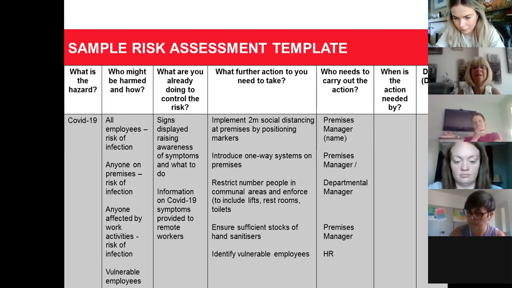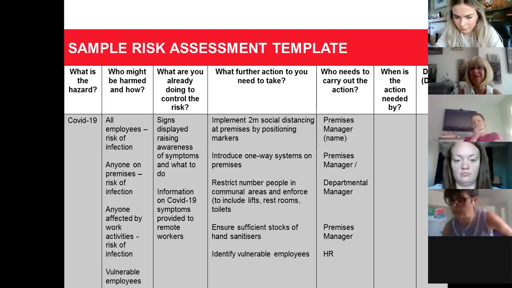It's a joint programme. And I will talk to you later on in the presentation about the requirement to consult on risk assessment. But in any event, even if consultation wasn't a requirement of the Covid-19 risk assessment process, it's very important to make risk assessment a shared responsibility and a shared programme anyway.